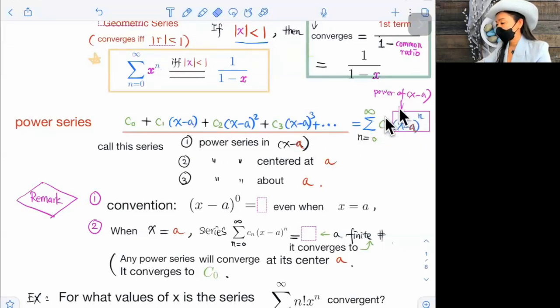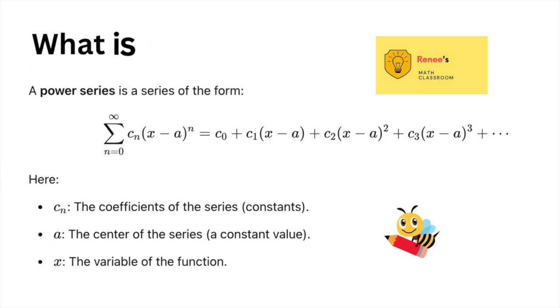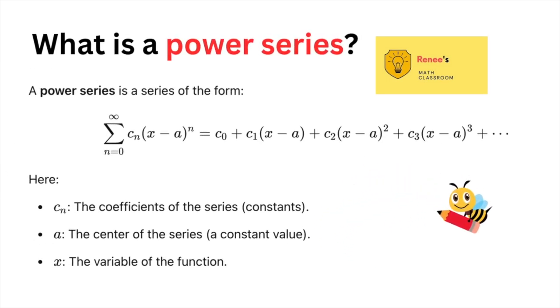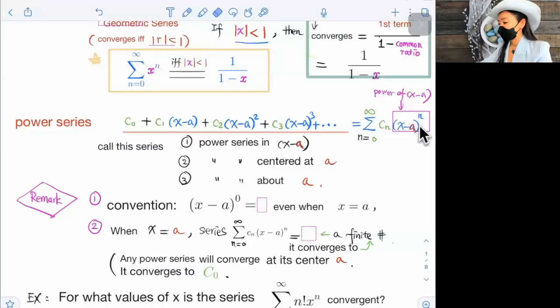Those are the powers of x minus a. a here is a constant, for example, x minus 2 to the n power. So this is a power series.